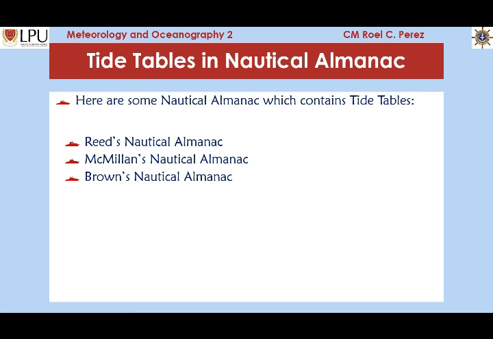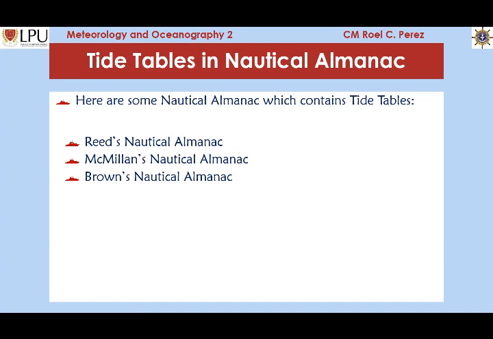I always see this on board. Although some vessels may have the Reed's Nautical Almanac because Reed's is also popular, no? But in my experience, I have never seen this publication. What I only see is the Brown's Nautical Almanac. Maybe it depends on the vessel you board, no?